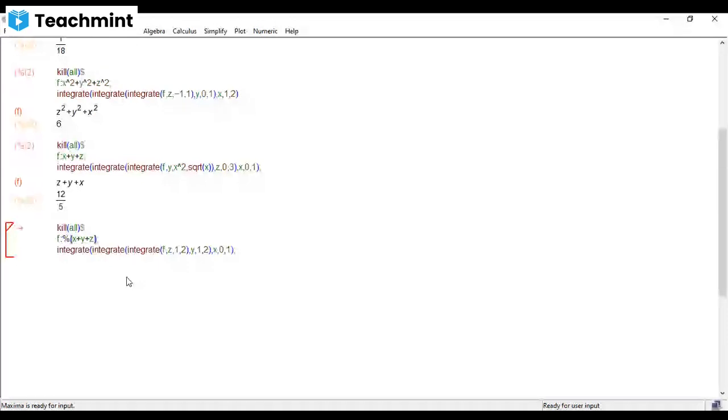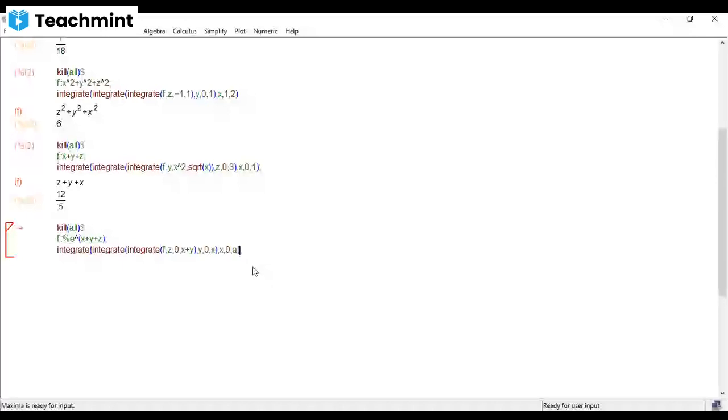Yes, it's a built-in function, so we have to use percentage e cap, percentage e cap x plus y plus z. Now first you have to integrate with respect to z. z varies from 0 to x plus y. And next your y varies from 0 to x. Then your x varies from 0 to a.